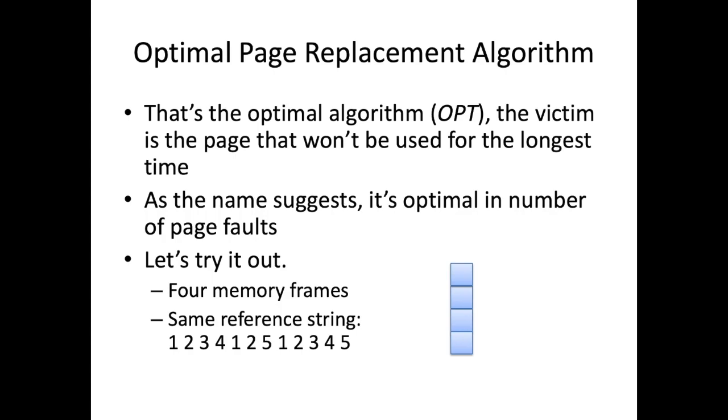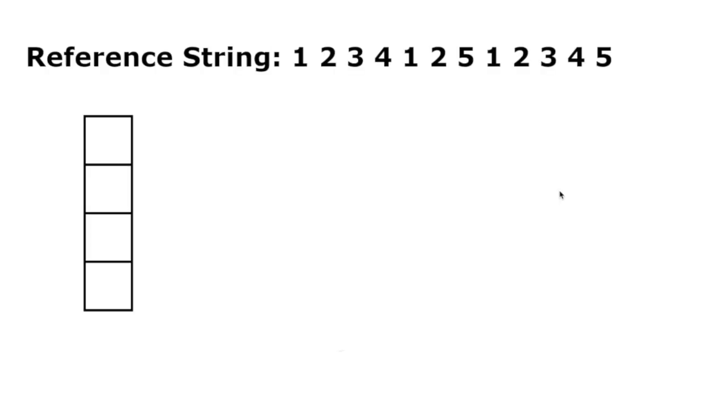I made up an example to show this. Really, it's the same example we had before. We'll pretend, just like with FIFO, we have 4 frames, same reference string. Let's see what happens. Here, we're going to try out the optimal page replacement algorithm in the same situation as we were doing with first in, first out a moment ago.